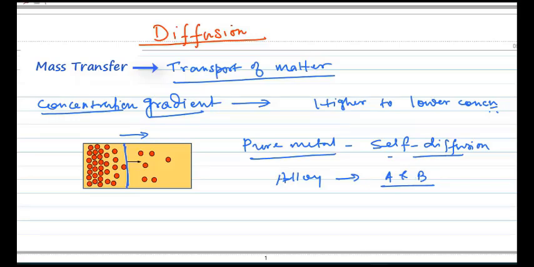So that is another type of diffusion where you have two different species to talk about in terms of their movement across a concentration gradient. Okay. But whatever it is, it is always from that higher concentration to lower concentration side. That is the direction of the motion of these atoms, right?